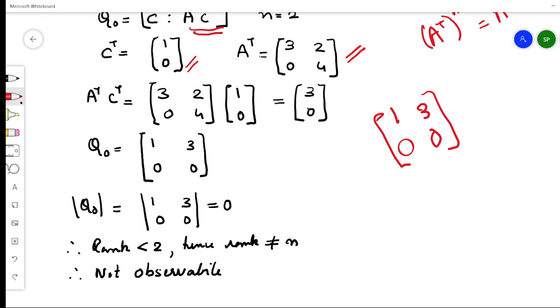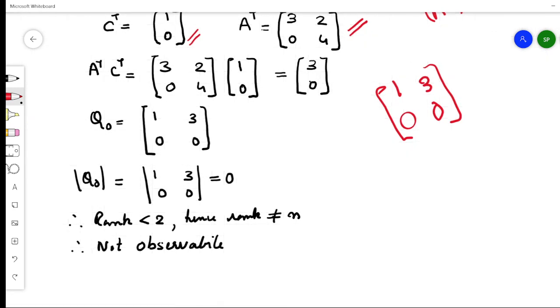The determinant is not a non-zero answer, so the rank is less than 2. That means the rank is not equal to n. n is 2, and the rank is not equal to 2. So we can say that the given system is not observable.